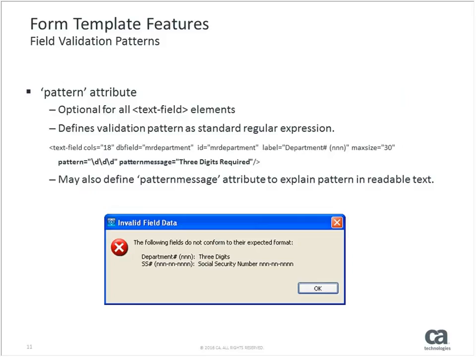Also, we have pattern validation. If you want to do numeric validation such as a phone number or social security number, all those things can be done through the pattern message and pattern attribute.